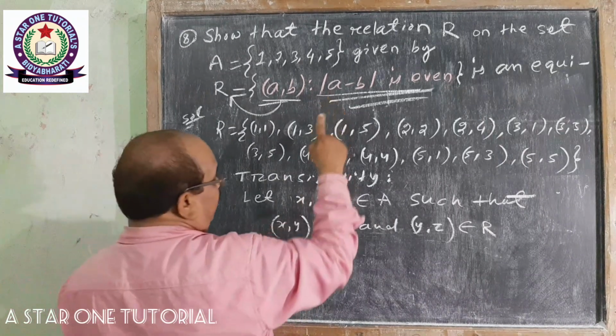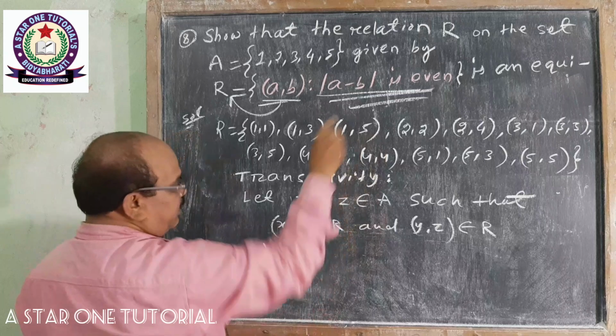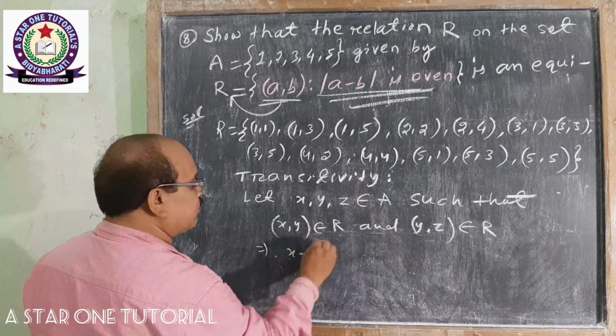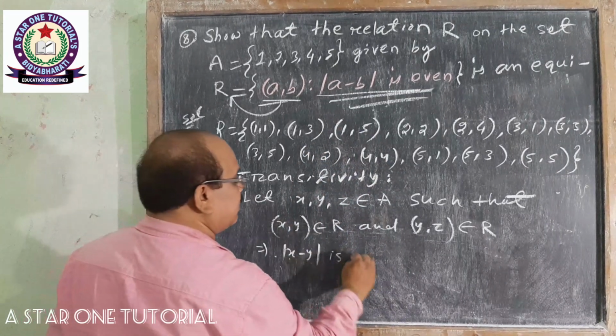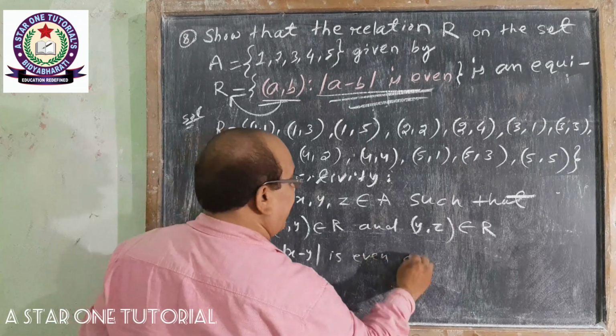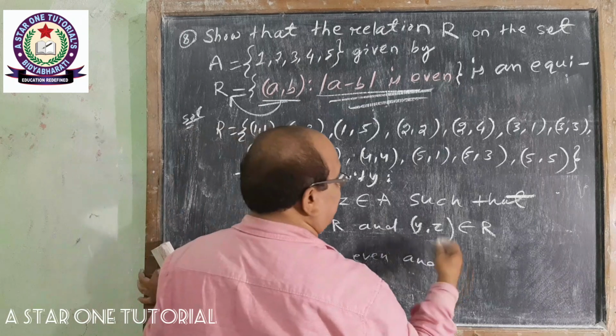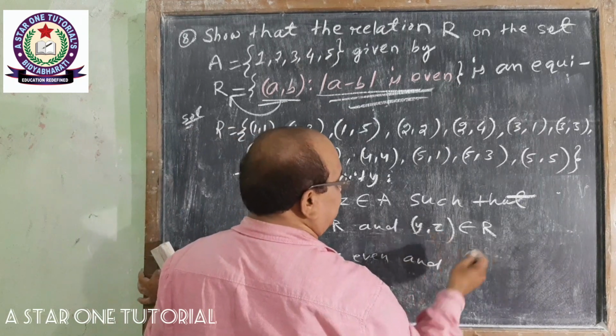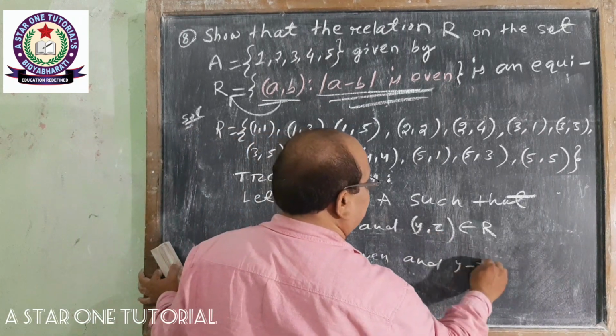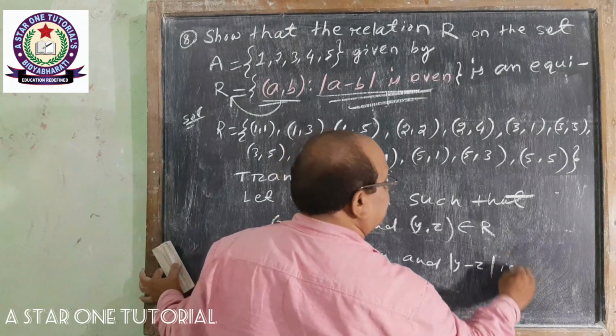It means the modulus of x minus y must be even. And since (y, z) belongs to R, we can say that the modulus of y minus z is also even.